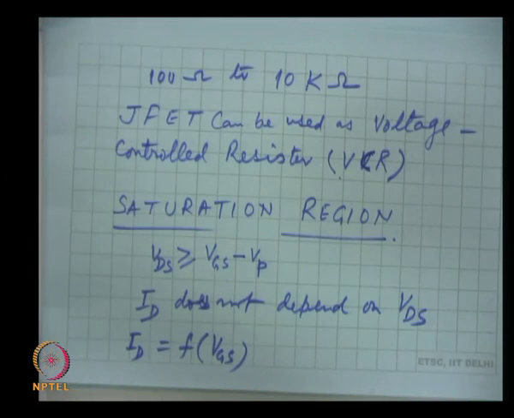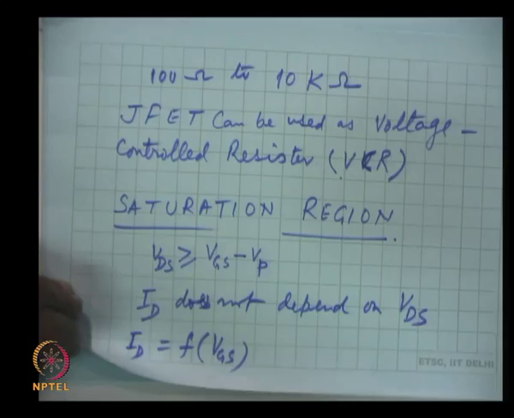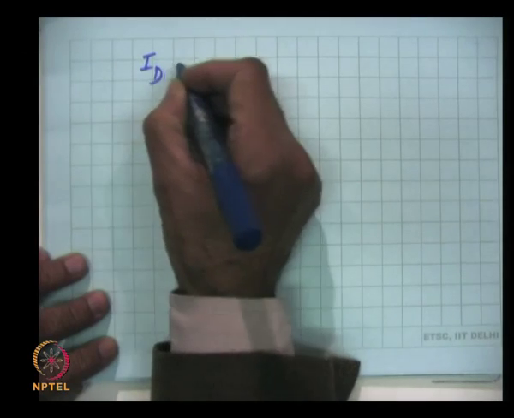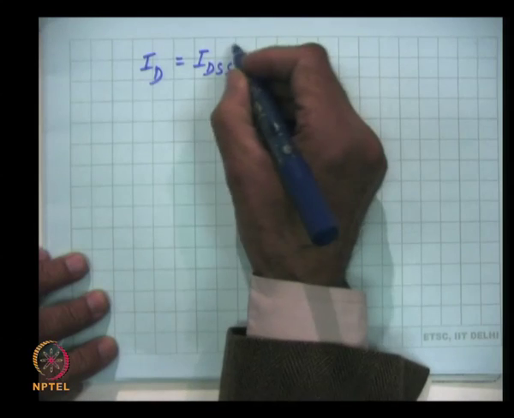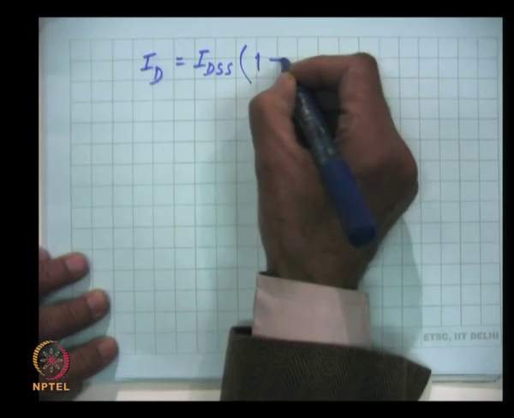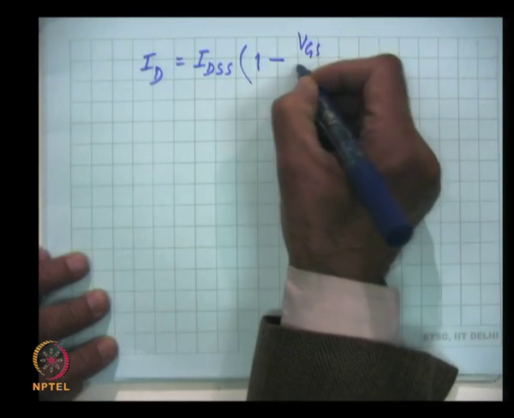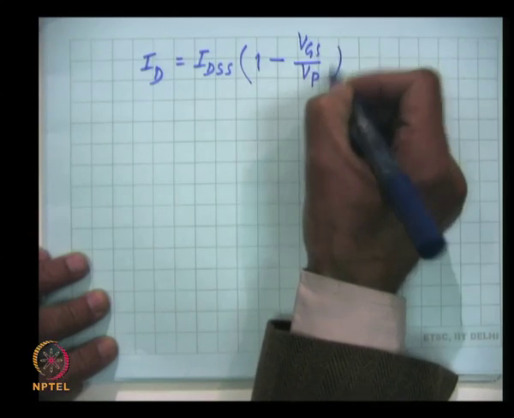Here the dependence of drain current on the gate source voltage has a nonlinear relationship, and this relationship can be expressed by a square law: ID, the drain current, is equal to IDSS into (1 minus VGS by Vp) squared.